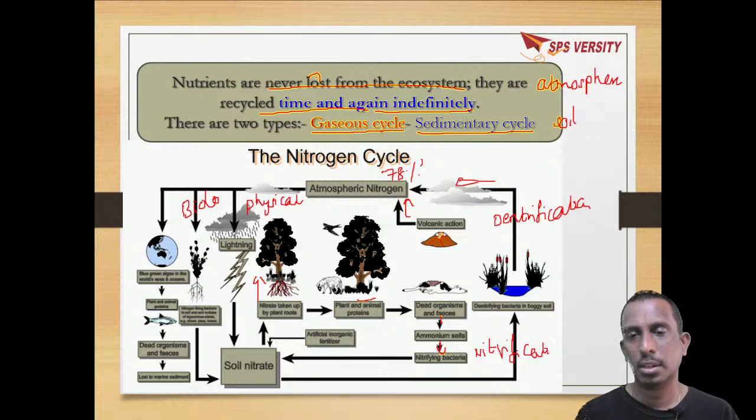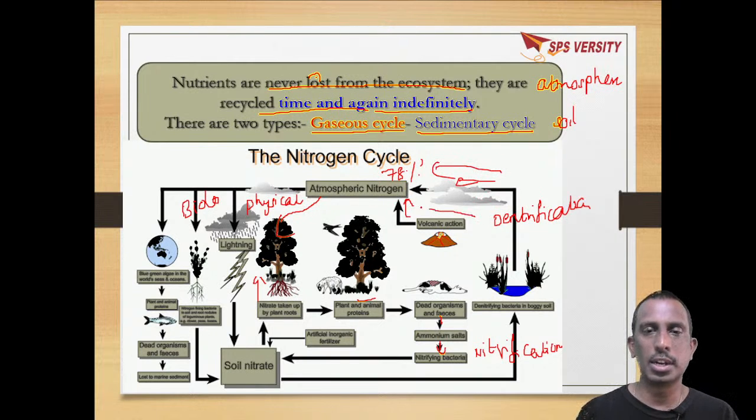By nitrification and ammonification, it reaches the soil, and from the soil these nutrients are absorbed by plants. So this is how nitrogen is utilized in the ecosystem, and how it returns to the atmosphere. This is one of the most important gaseous cycles.